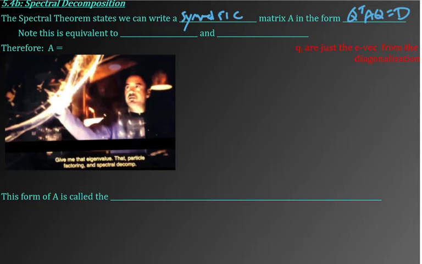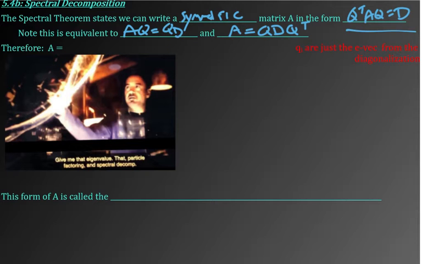And this statement is also equivalent to AQ equals QD, or you could solve for A and get A equals QDQT, right? Because QT is Q's inverse, so you can just pull off those matrices and rewrite it.